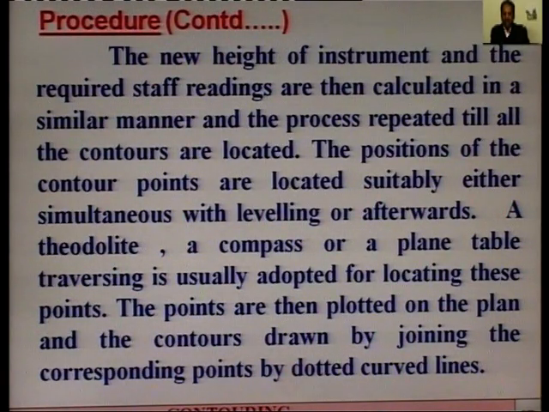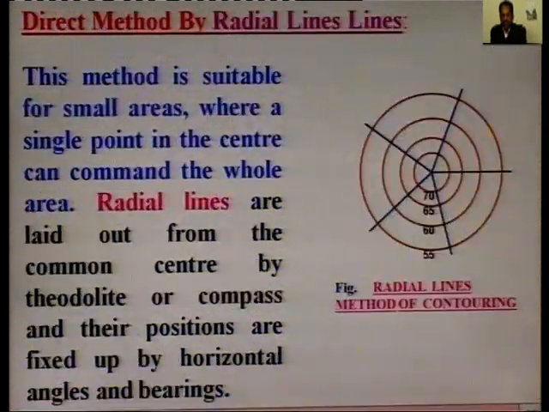Traversing is usually adopted for locating these points. The points are then plotted on the plan and the contours drawn by joining the corresponding points by dotted curved lines. So, this is the procedure of drawing contours by the direct method.